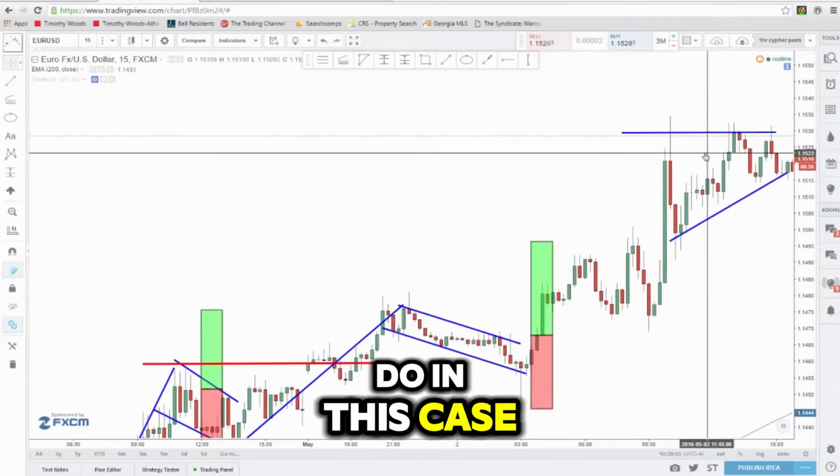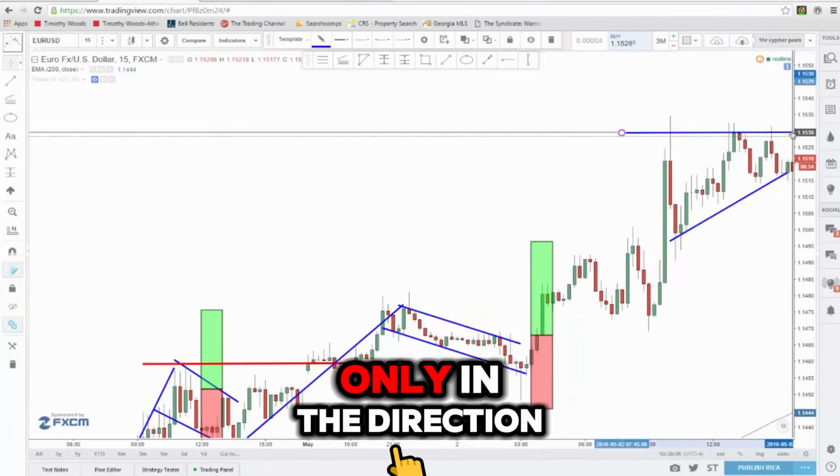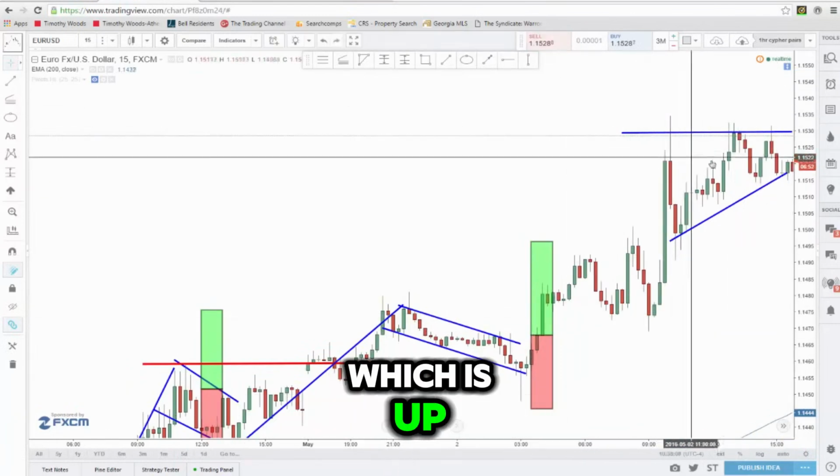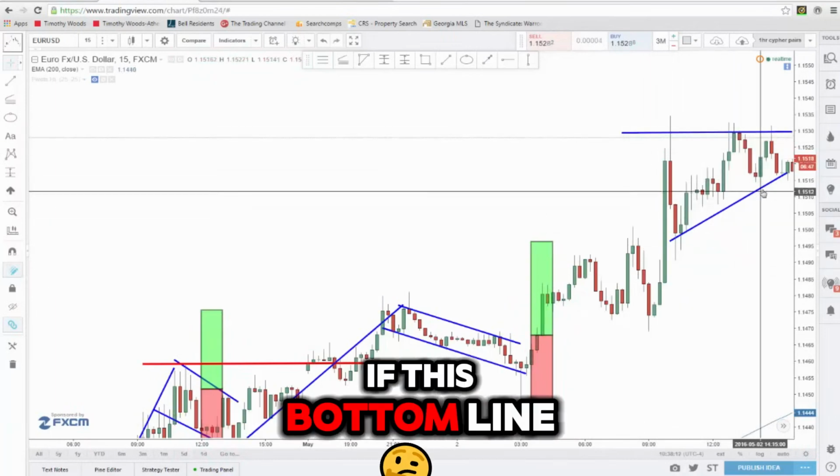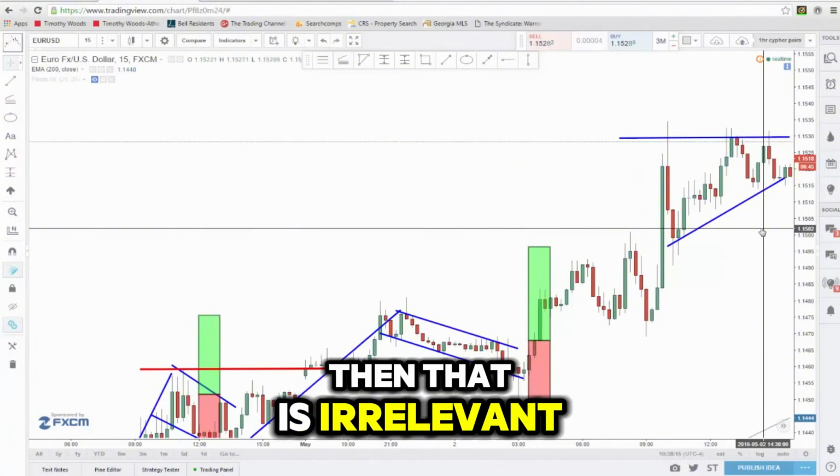and what we would do in this case is wait for a breakout only in the direction of the underlying trend, which is up. So we're only waiting for a breakout of our top line of the ascending triangle. If this bottom line is broken, then that is irrelevant to the process we're using.